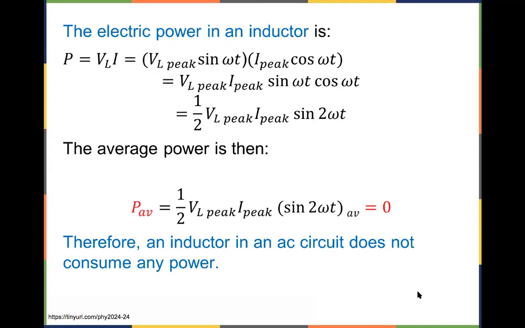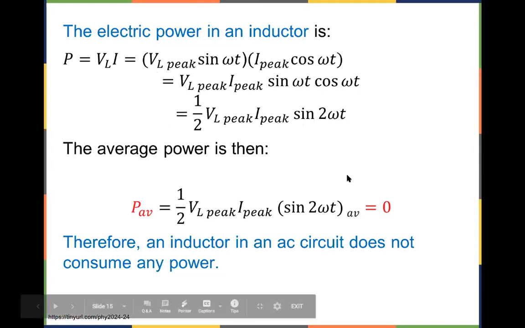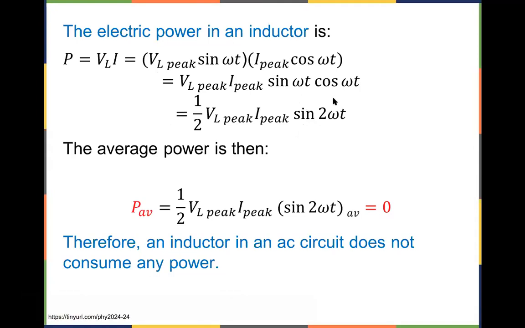This is from trigonometry formulas, so if you are not familiar with this, you can do a review on that. But the result will be equal to 1/2 V peak I peak sine of twice omega t. So this is still a sine function, all right?